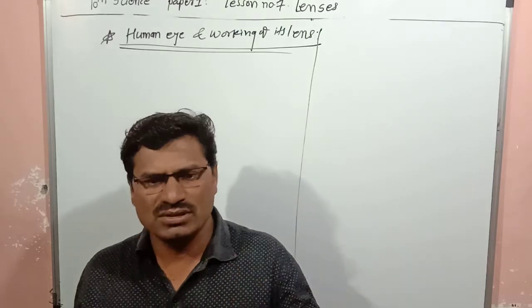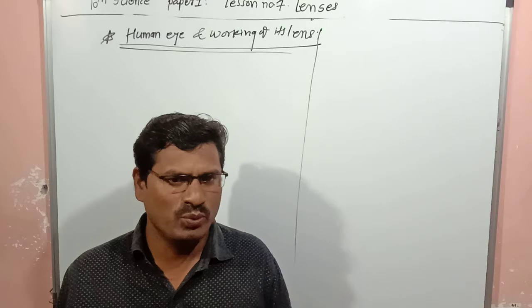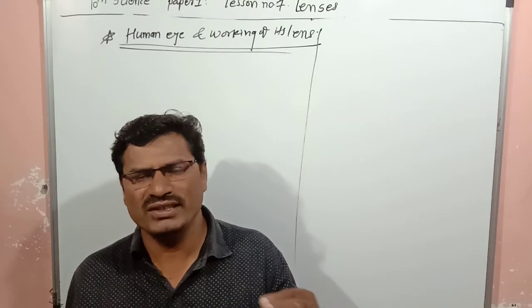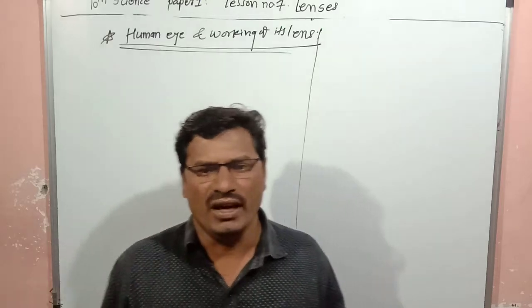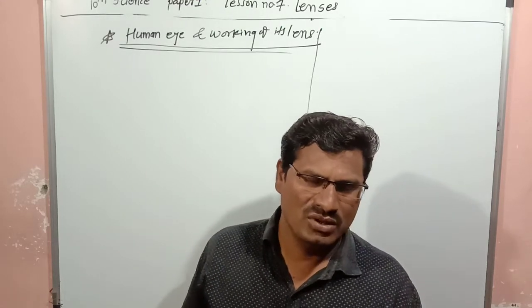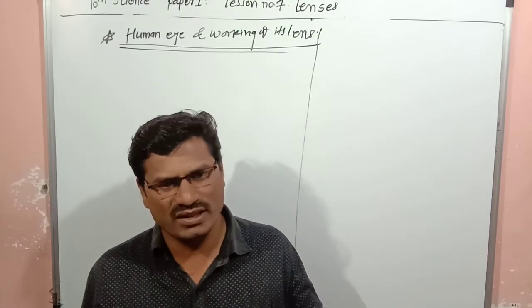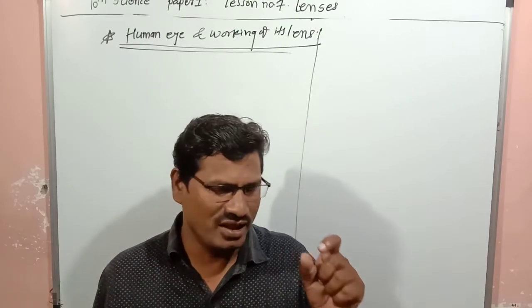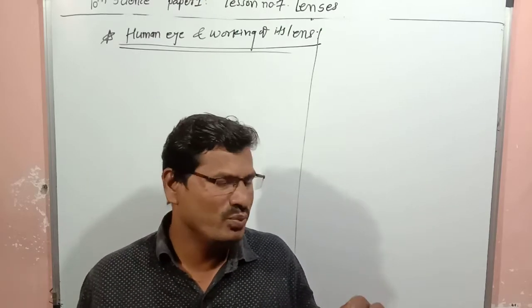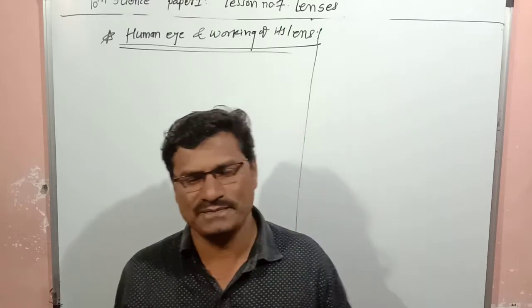The third part is the pupil. What is the pupil? It is a small hole of changing diameter at the center of the iris. Its diameter can change, and it is called the pupil. The pupil controls the amount of light entering into the eyes.